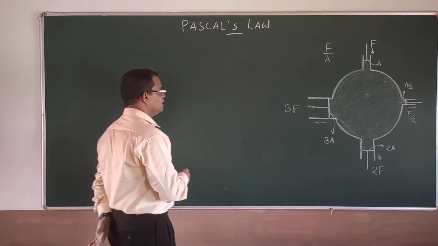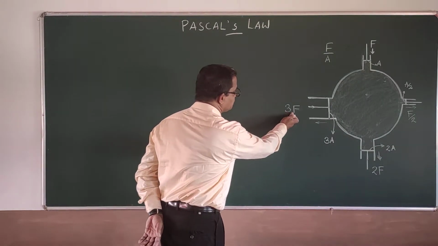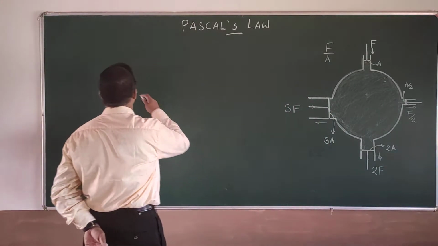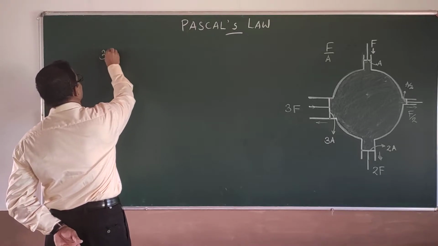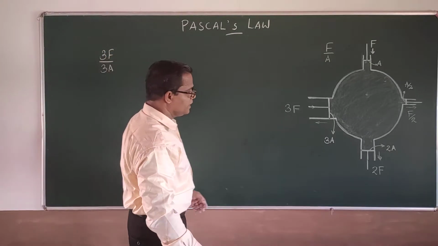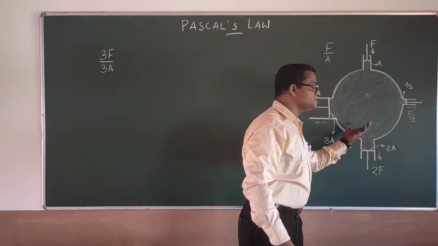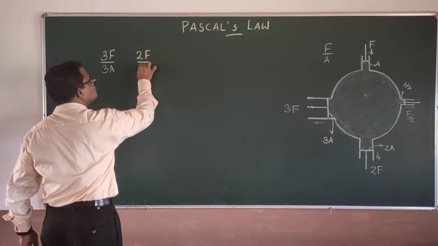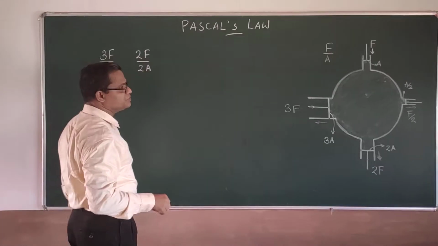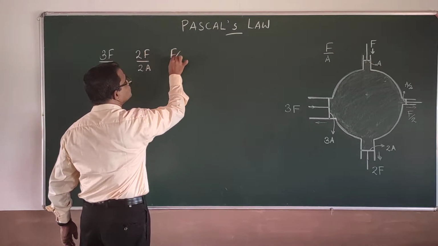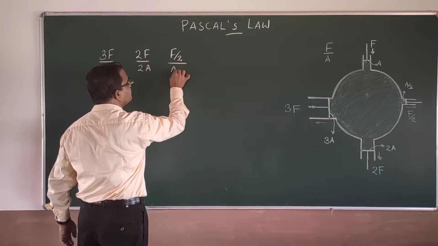Now let us see. If 3 times force F is required here to move this back to its original point, then there will be a pressure of 3F by 3A. And here it is found that 2F is required, that means 2F by 2A is coming there as pressure. And at the other end, it is F by 2 divided by A by 2.